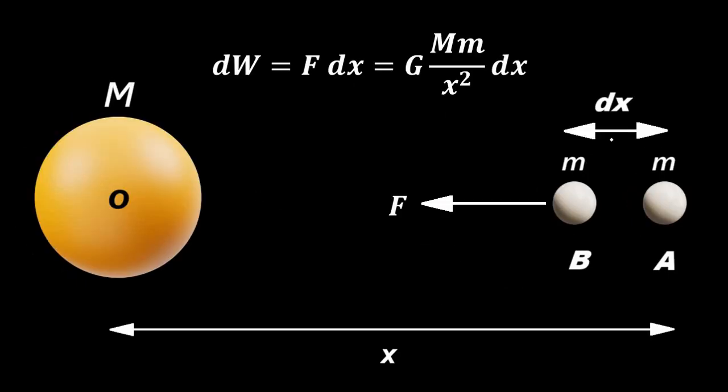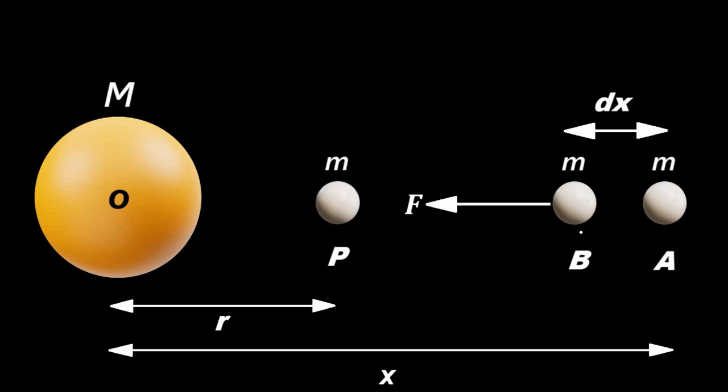Let's say now the position is changed from B to P. Now the separation between the yellow mass and the white mass is R. Initially the separation was x.